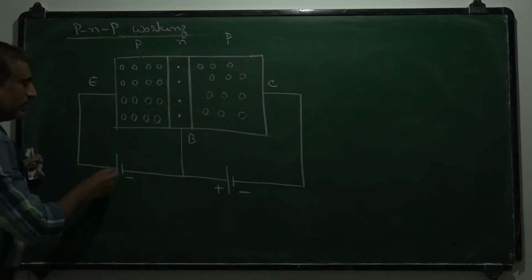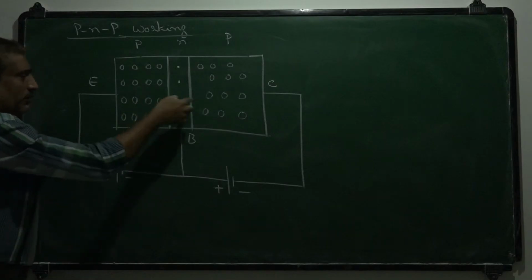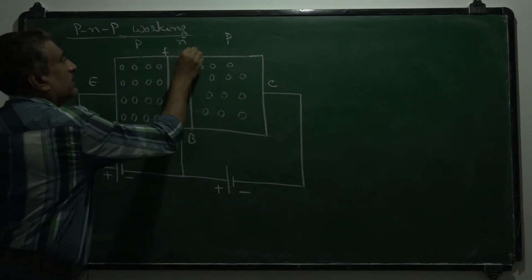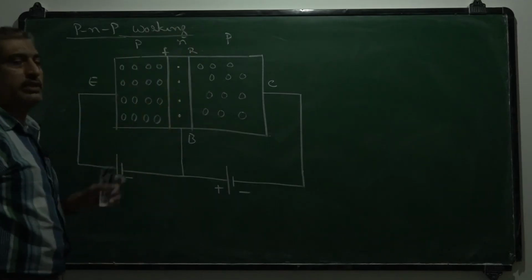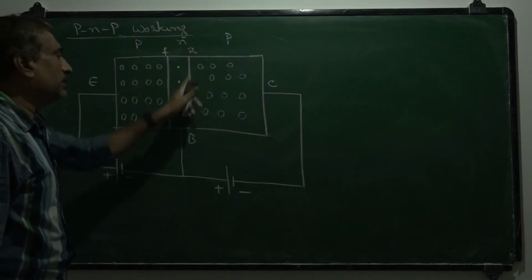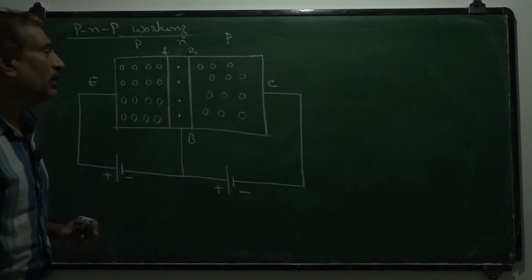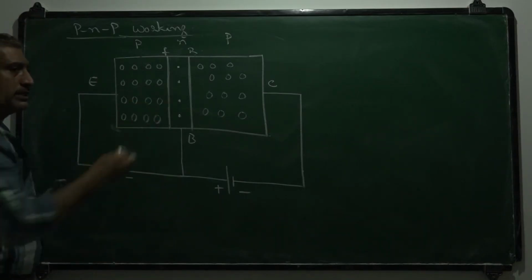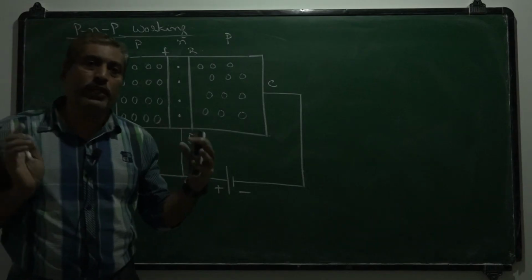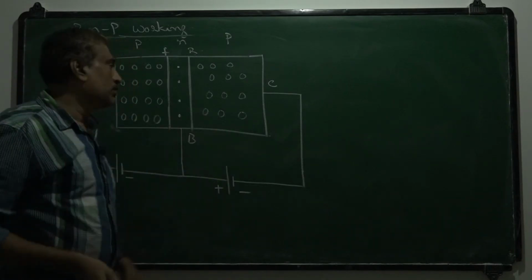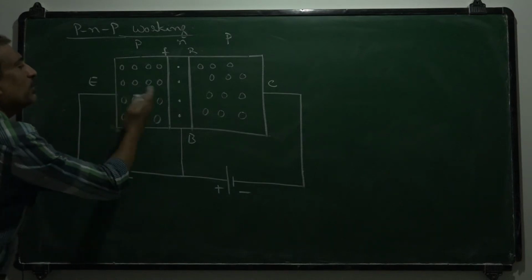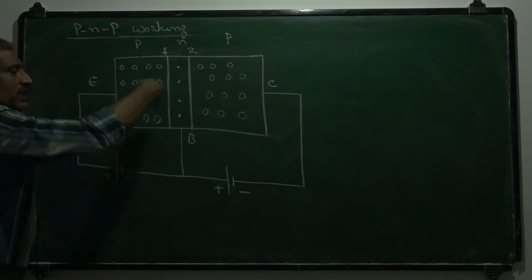So when it is biased like this, what happens? This PN junction is forward biased and this PN junction is reverse biased. When the junction is forward biased, the width of the depletion layer decreases. This positive polarity repels these positive holes towards the junction.